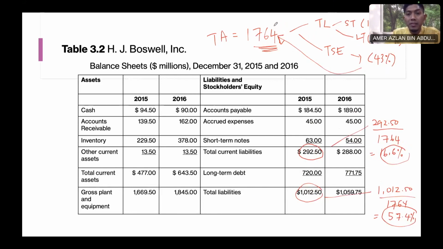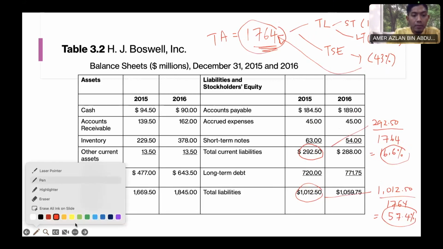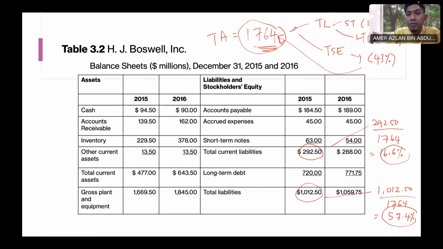So in other words, this value of total asset 1764 was actually being financed by 16.6% worth of total short-term debts. The majority of it was financed by long-term debt, while 43% of the money was financed by stockholders' equity.